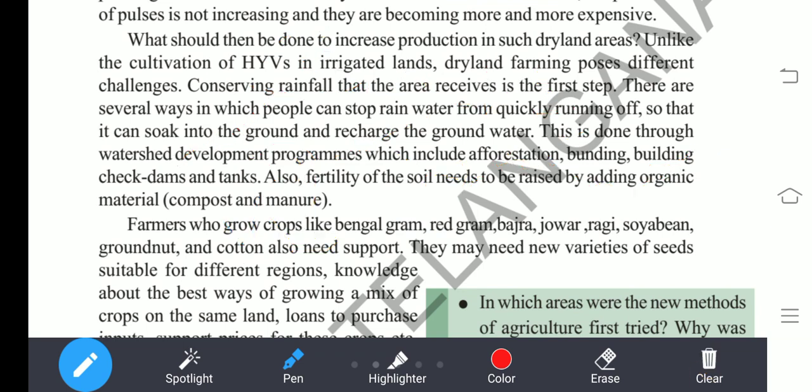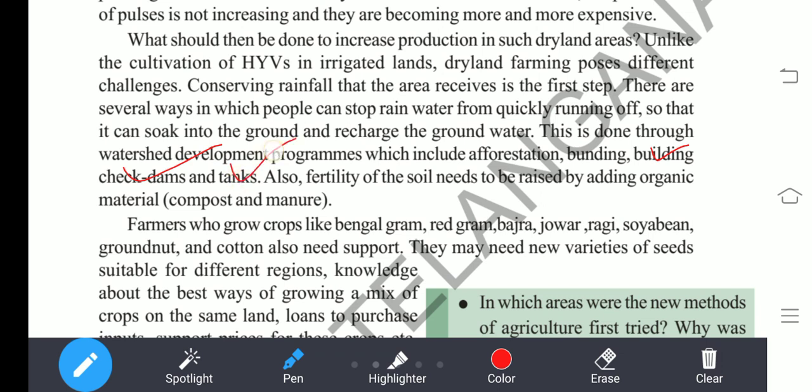So bunds are the second method for conserving the rainfall. And third is building check dams. Check dams are constructed so that when rainfall becomes excessive, the excessive water flows to a low-lying area where it is stored.